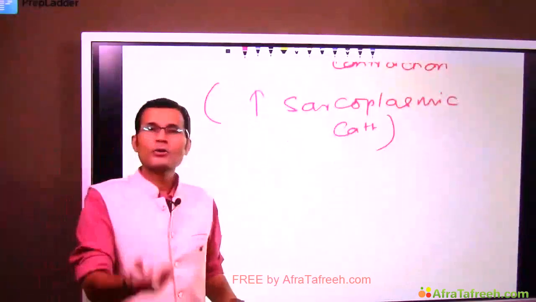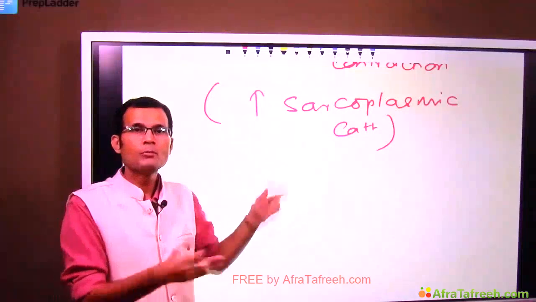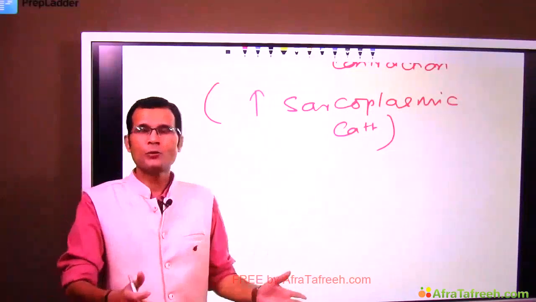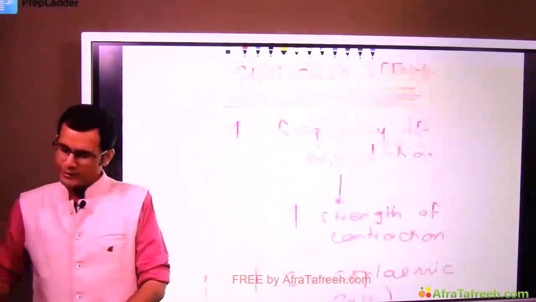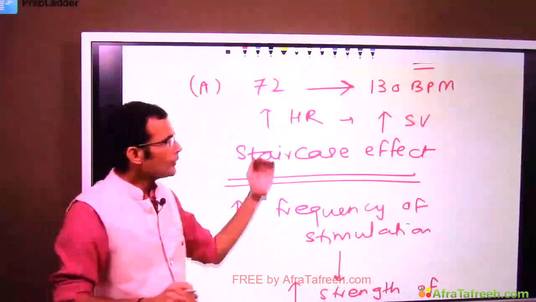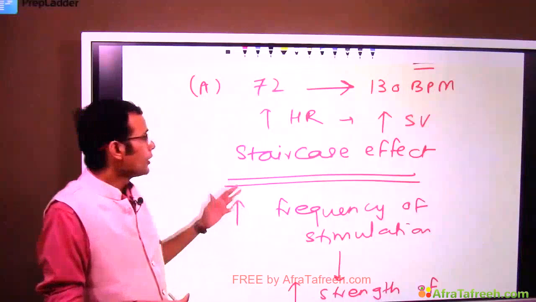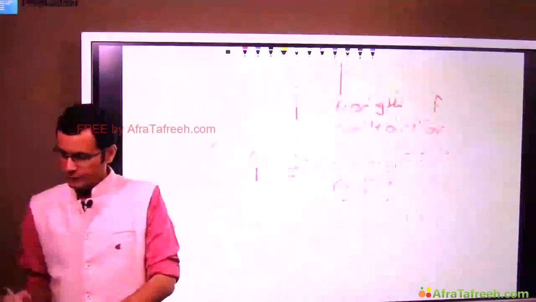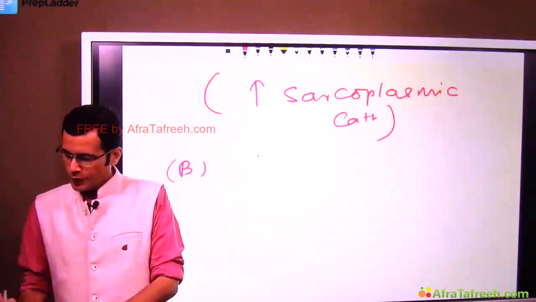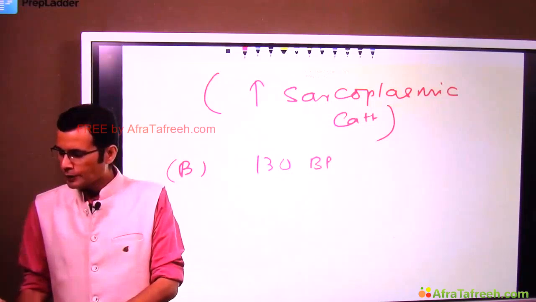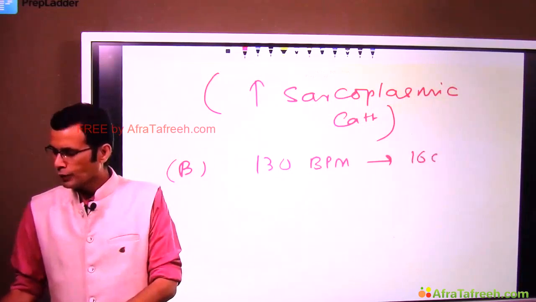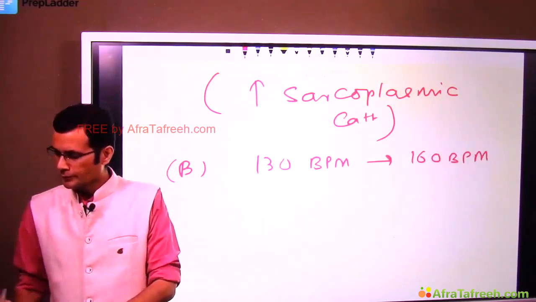And stronger contraction of the heart means more stroke volume, greater stroke volume. So that's the first effect, up to 130 beats per minute. Next step, from 130 beats per minute to 160 beats per minute.